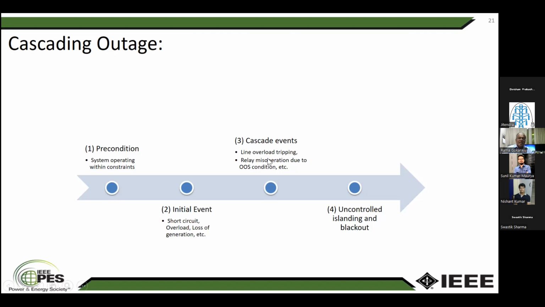That is, if some line tripped, the other lines will overload and they are going to trip. And then some relays may also misoperate due to out-of-step condition. So that is another possible event. And the fourth is the uncontrolled islanding and taking a larger portion of the system off.